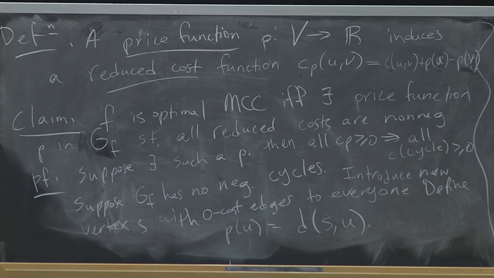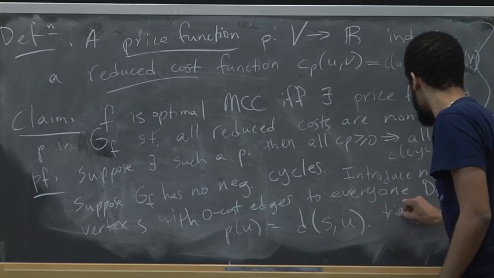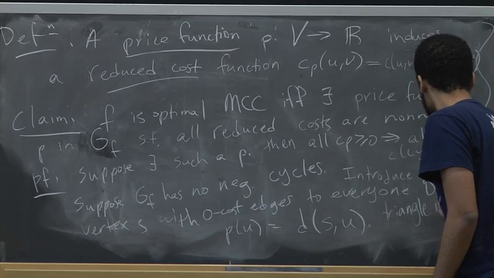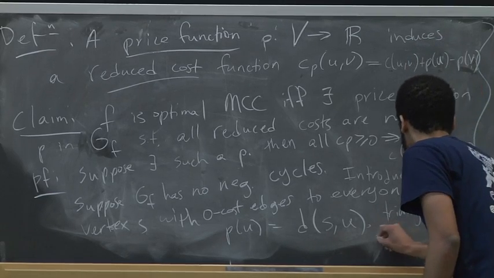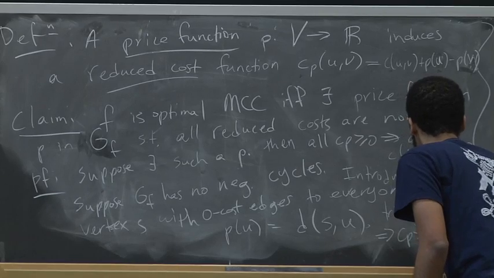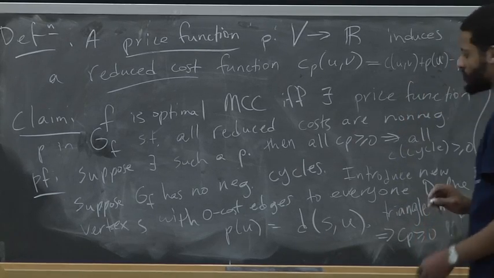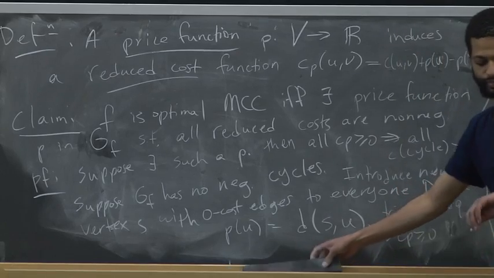You can show just by basically triangle inequality that this thing as a price function will satisfy that all of these reduced costs are non-negative. Okay, so I'll let you think about that offline. Triangle inequality implies C_P is at least 0 everywhere. So you can work that out.